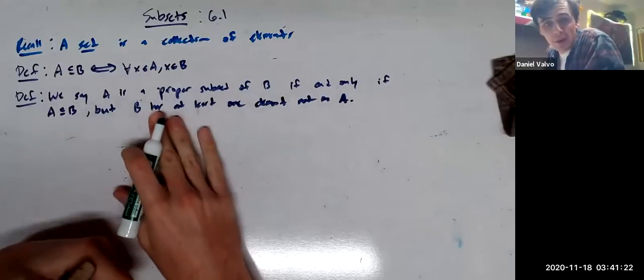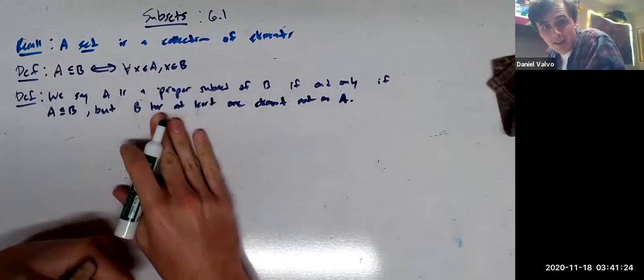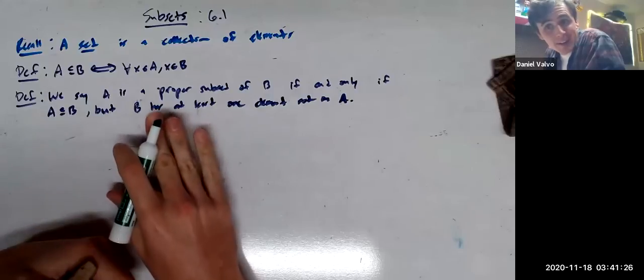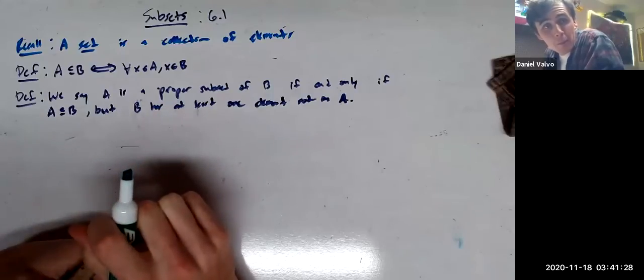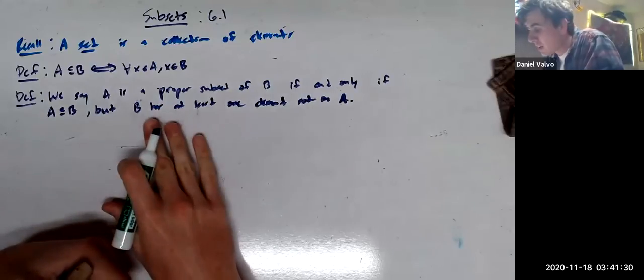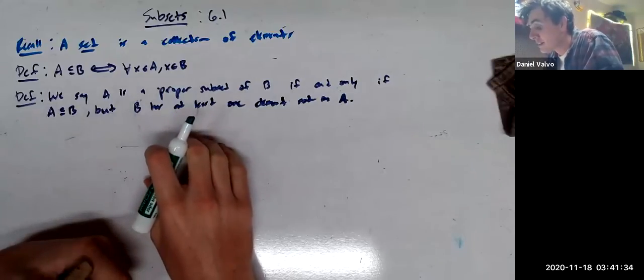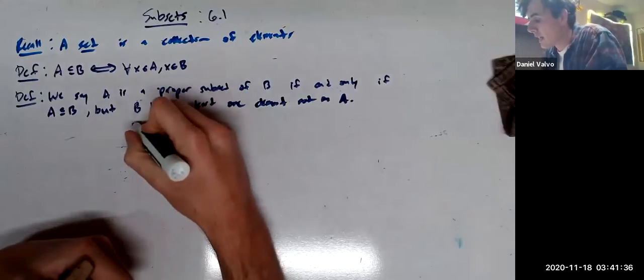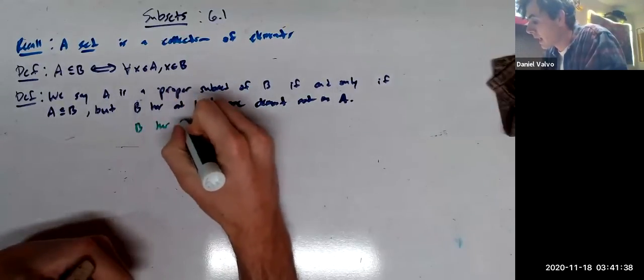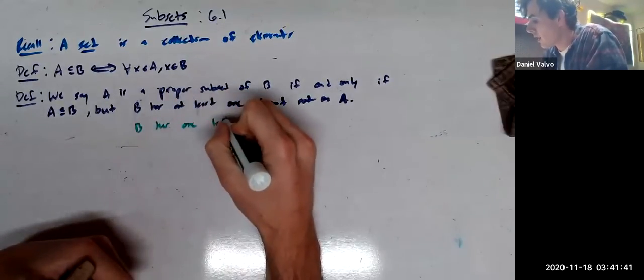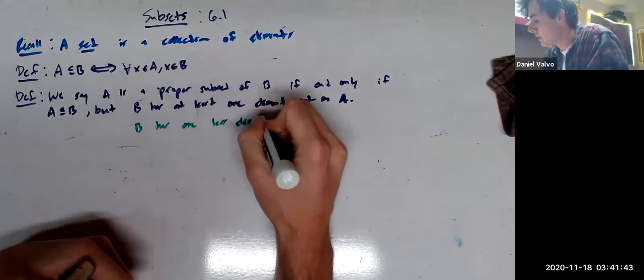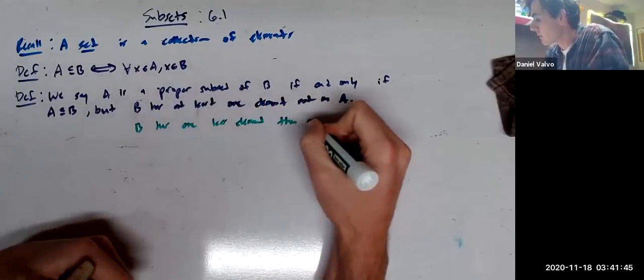Now, notice here, by the way, you'll see that this is going to be a pattern. My diction here is very precise. So here I'm saying B has at least one element not in A. You might ask, why not say B has one less element than A?